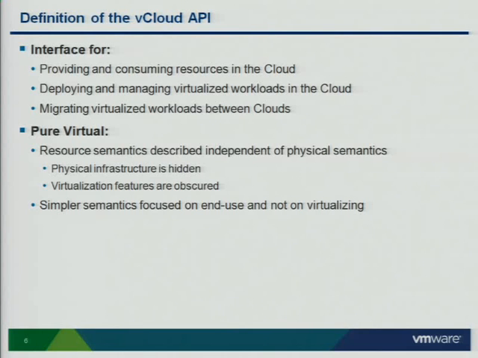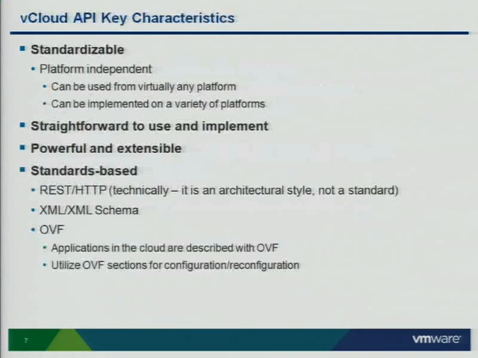The vCloud API is pure virtual, meaning that physical infrastructure is completely hidden. Users of the vCloud API work only with resources, and they usually don't care where these resources are located physically. The REST API is also standardizable, meaning that it is platform independent and it can be implemented by anyone.